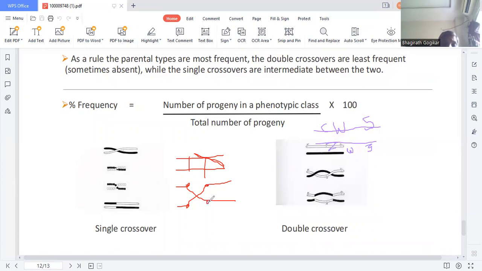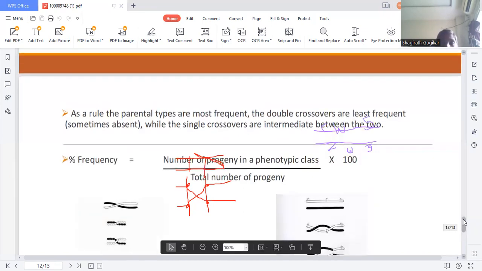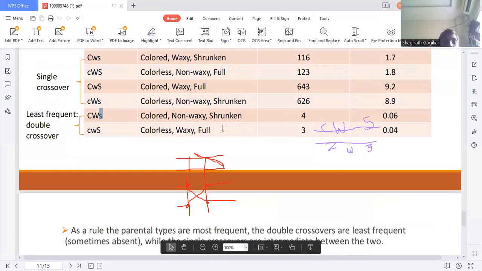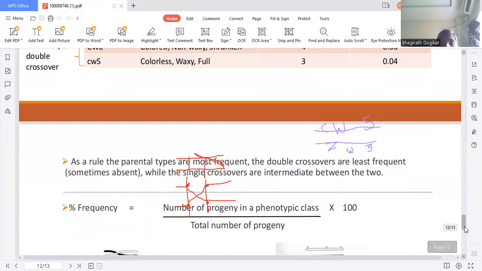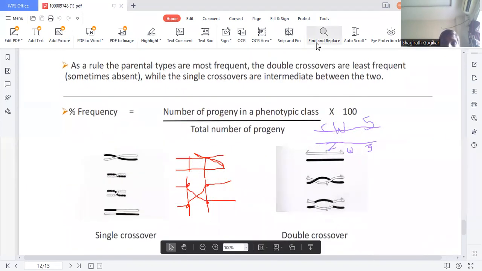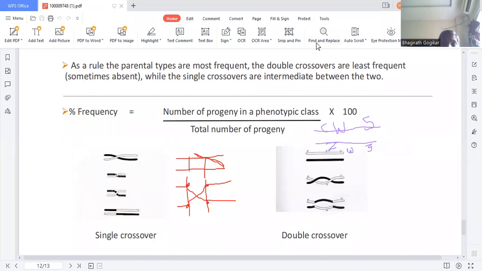So a segment or a portion of the chromatid breaks down and exchanges with each other. Which gene is in the middle as per the data? Anybody say? S gene is in the middle. So that's why we can see here capital S and small s exchange with each other.